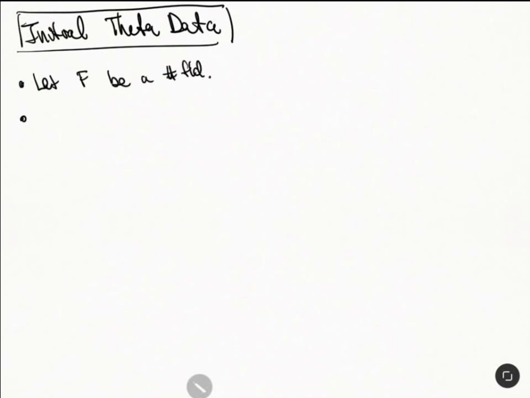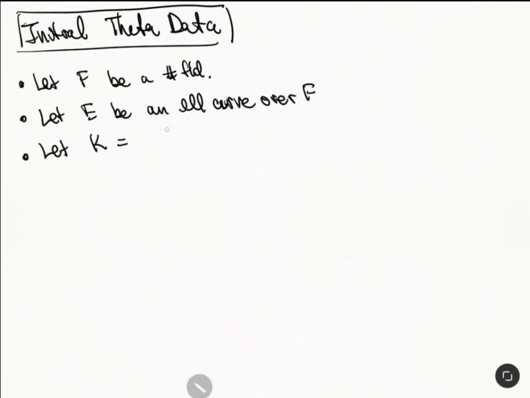Let E be an elliptic curve over F. And we're going to let K be equal to F adjoin the L torsion, where L is a fixed prime.